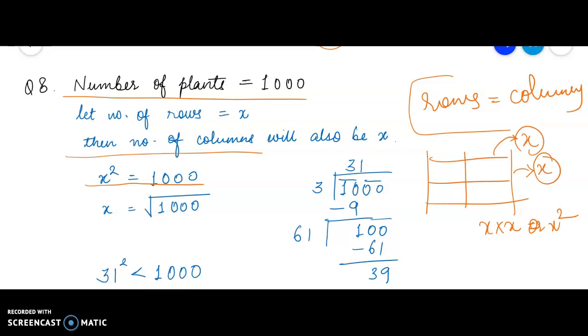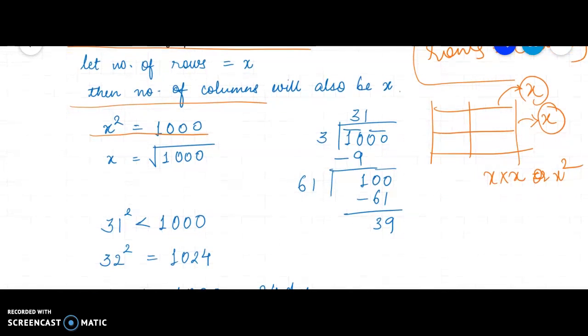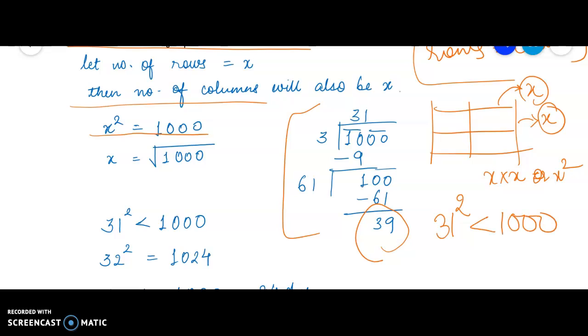Now x should be the square root of 1000, but you know that 1000 is not a perfect square. Trying to find its square root with the division method, I have written it here. I have done the division method here. I am getting 39 as the remainder. Now this means that the square of 31 is smaller than 1000, and I'll have to step up.